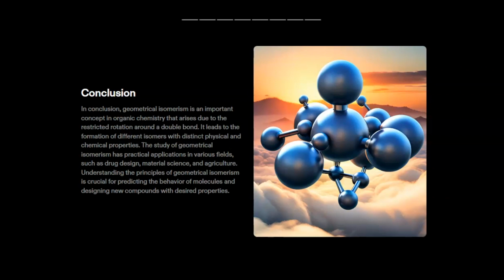The study of geometrical isomerism has practical applications in various fields such as drug design, material science, and agriculture. Understanding the principles of geometrical isomerism is crucial for predicting the behavior of molecules and designing new compounds with desired properties. So that's all about geometrical isomerism.